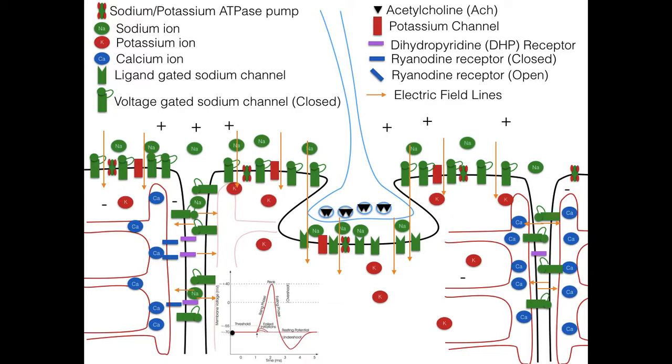All right, so let's see what happens next. We get an electrical signal down the neuron. When the electrical signal reaches the axon of the neuron, we release our acetylcholine through exocytosis, and the acetylcholine goes into the synapse.